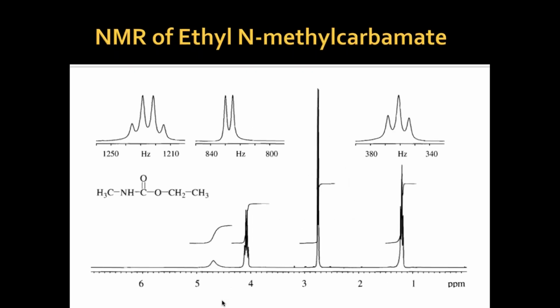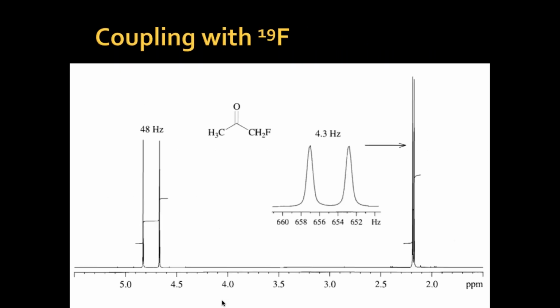So this is an example of the NMR of a molecule having nitrogen. Another case is fluorine. Hydrogen is not only coupled with hydrogen, it is coupled with fluorine as well, because of the integer spin value that we discussed initially on the first slide.